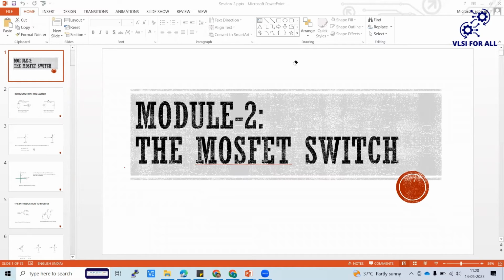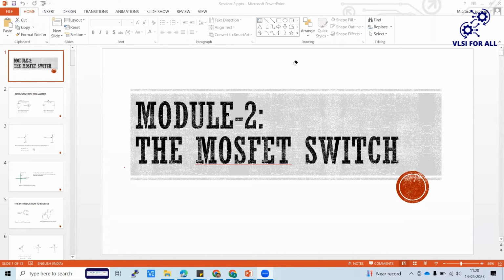Now team, we are entering into module 2, the MOSFET switch. Remember team, I'm not going to teach you the MOSFET drain characteristics, transfer characteristics. They are from BTech. Remember guys, once again I'm telling you, people say we require basic electronics, digital electronics, and yes, I agree, but not the entire digital electronics, and not the way you learned during your BE or BTech in undergraduation.